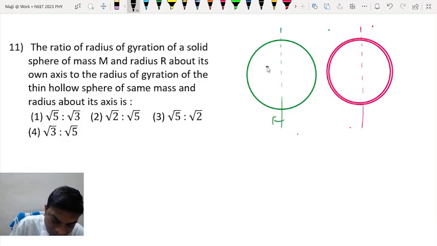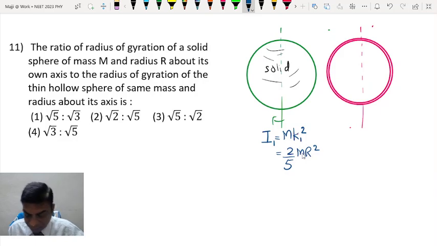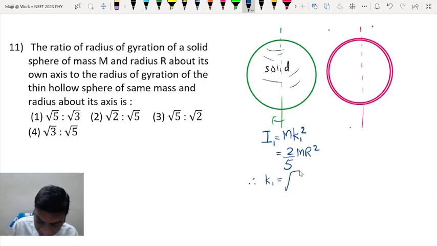So for a solid sphere, the moment of inertia will be m k1 square, where k1 is the radius of gyration. It is equal to 2 by 5 m r square. So therefore k1 is under root 2 by 5 into r.